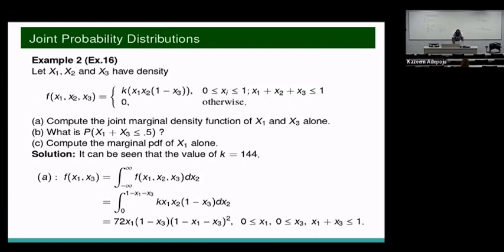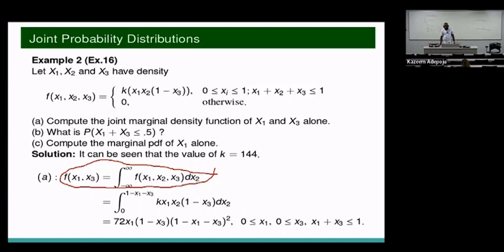Take a look at this. Even though I have x1, x2, x3, I'm not interested in all of them. I'm only interested in two. When I'm interested in two and not in all of them, that's a marginal.